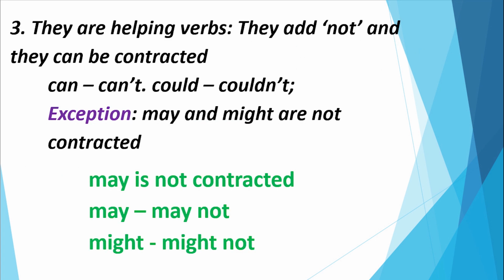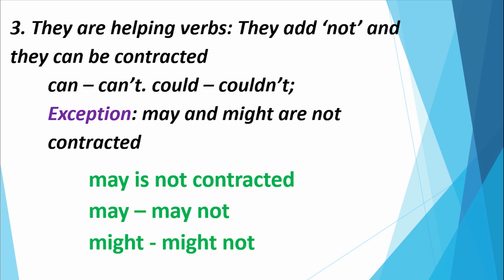Rule number 3. They are helping verbs. They add not, and they can be contracted. We can add the negative marker not to the modals, to all the modals, to make them negative statements. Can, can't, could, couldn't.